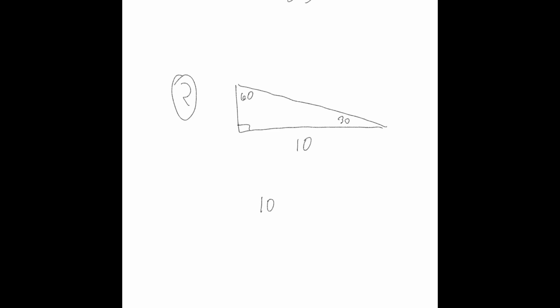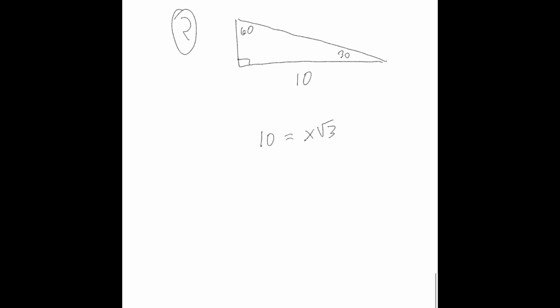So we'll set this equation up. 10 is my short side, we'll call it x, times root 3. All right, we're going to solve for x. So let's divide by root 3. Cancel your root 3's, and don't leave it with the root on the bottom. So we'll rationalize the root.